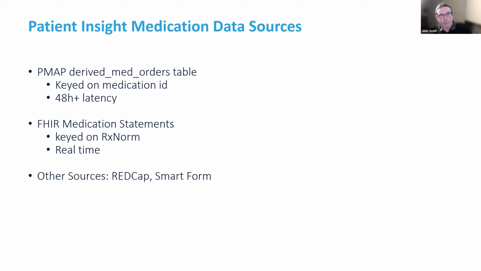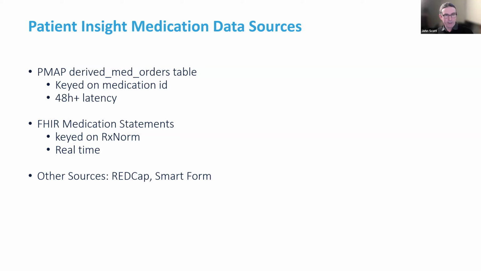It's sort of equivalent to the derived med orders table. The reason we use the derived med orders table and the medication statements is because it includes orders and patient-reported data, as well as some administered orders. So it's the broadest area, or it covers the most ground on the medications, and for our use cases so far, most everything that we need.